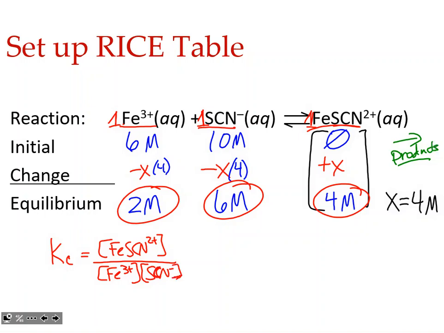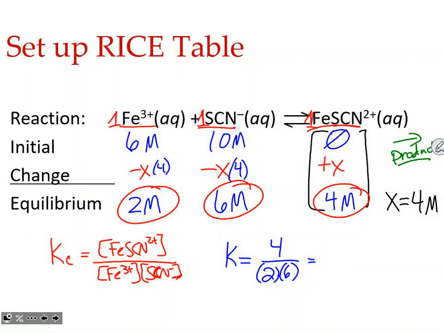All right, now we can plug in our values. So K equals 4 over 2 times 6. What do we get for our K? Oh, shoot. 1/3. Okay, so we're not going to write it as 1/3, though. We're going to just write it as a decimal, because all K's are usually expressed in decimal numbers. So, yes.